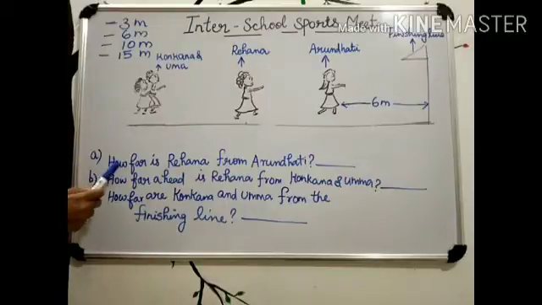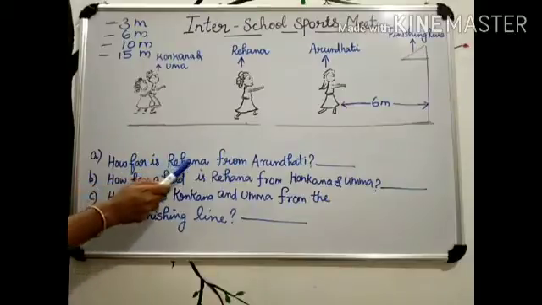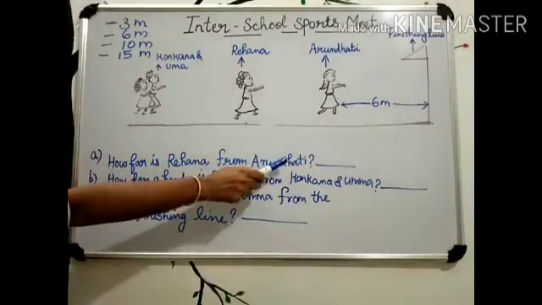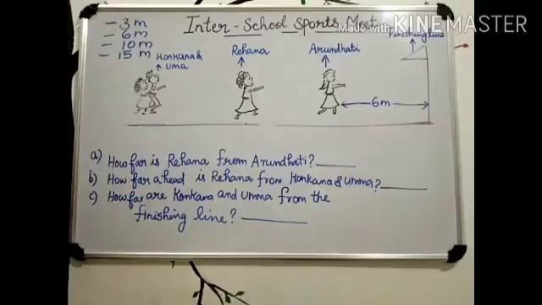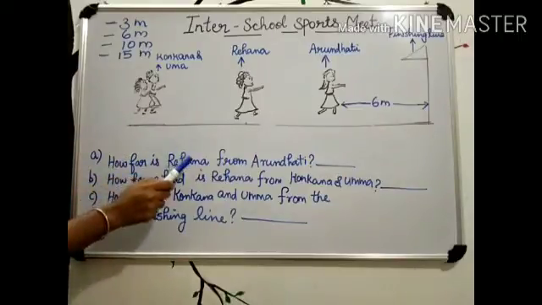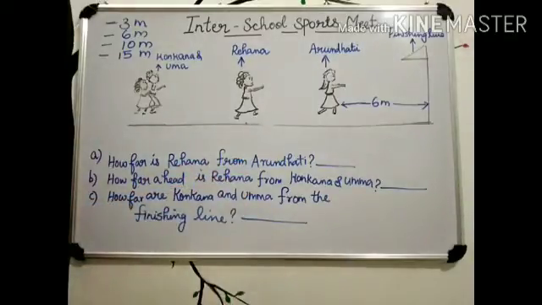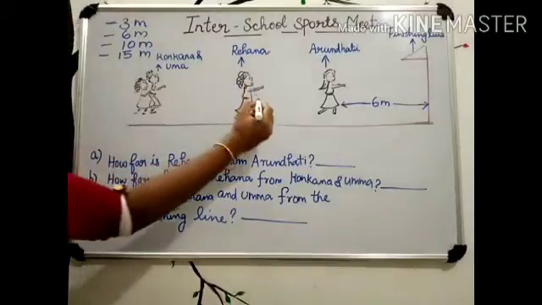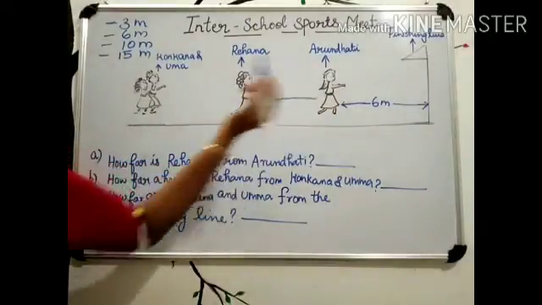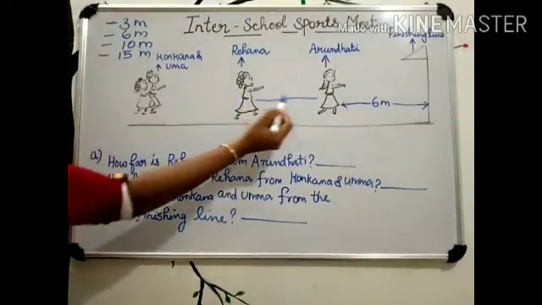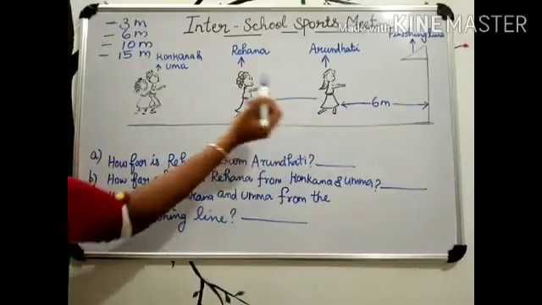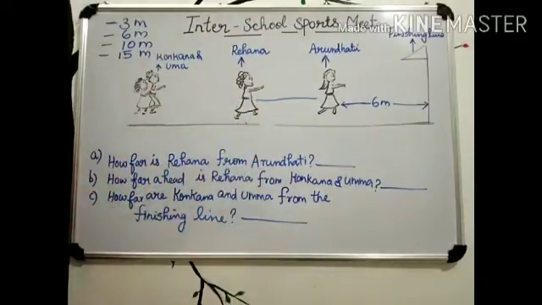That is, how far is Rahana from Arundhati? What is the question? How far is Rahana from this Arundhati? You should find out the distance between this Arundhati and Rahana.